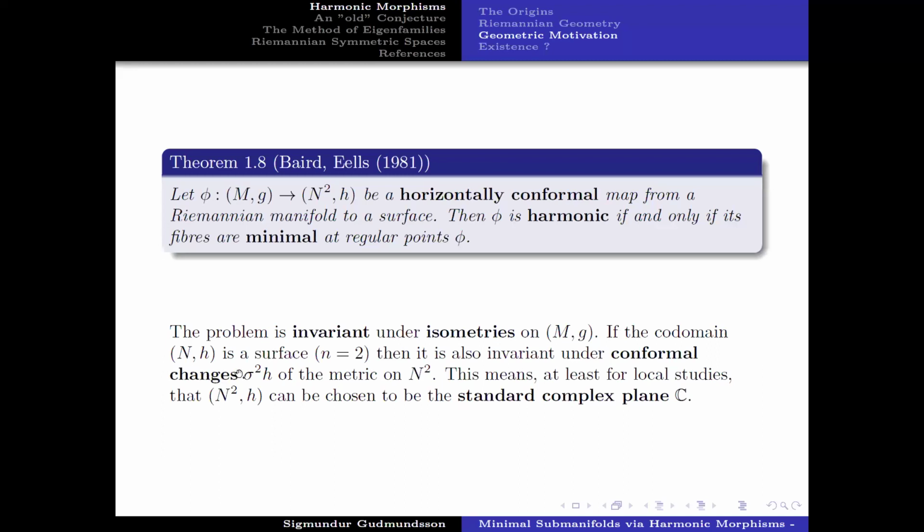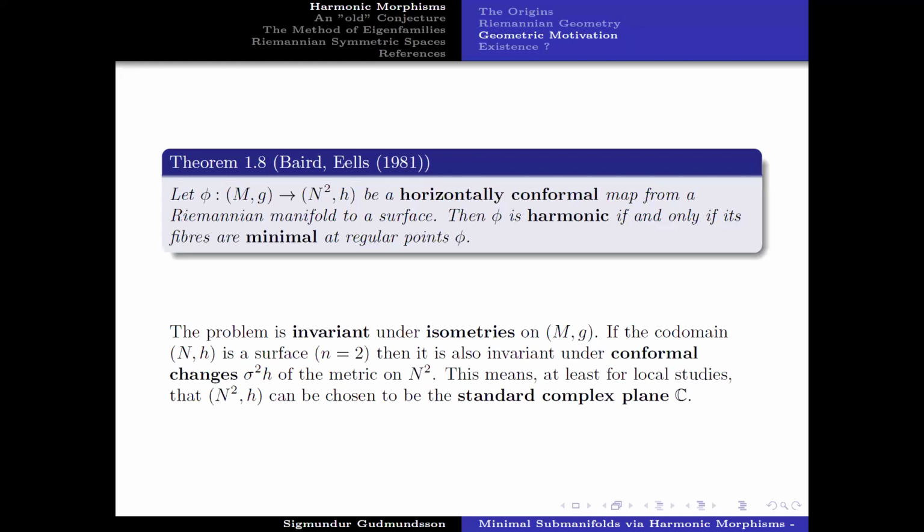As we all know, a surface can always be locally parametrized by isothermal coordinates on C. So if you're looking for local solutions to my problem, you can just assume that you're going into the complex plane, and that's exactly what I'm going to do.